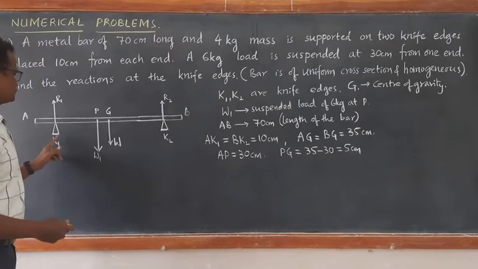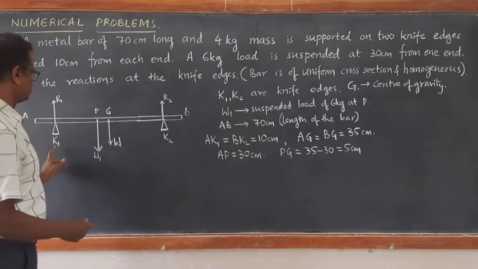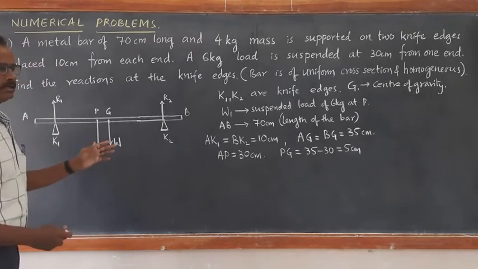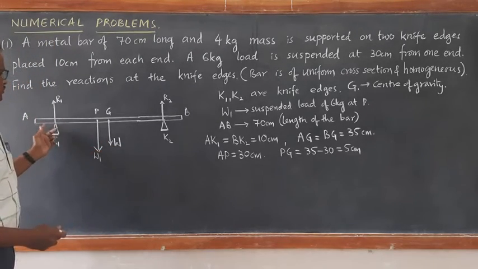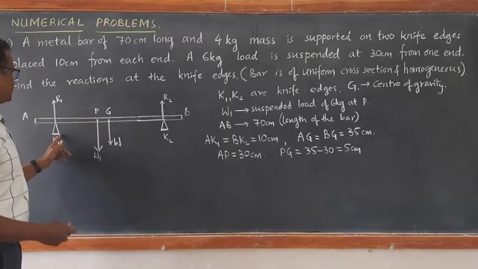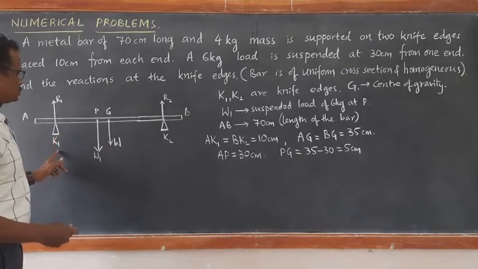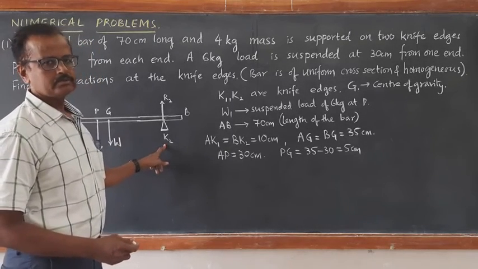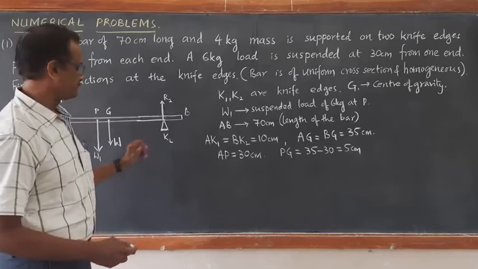Then what is K1G? K1G and K2G are also at equal distances. AG is 35 cm and K1 is at 10 cm, so K1G and K2G should be equal to 25 cm.